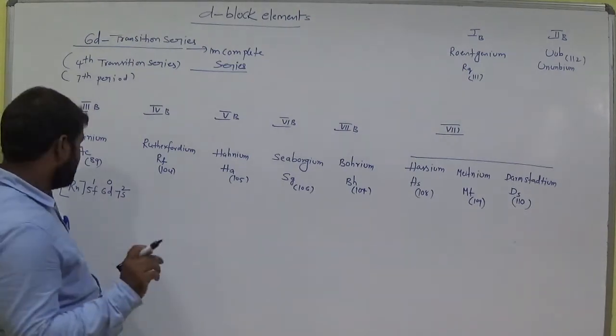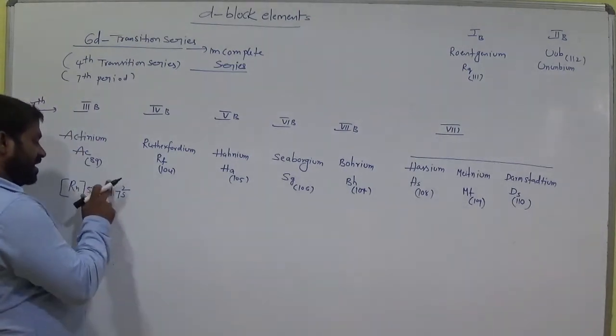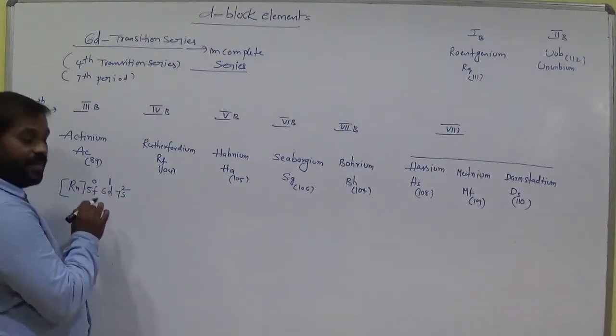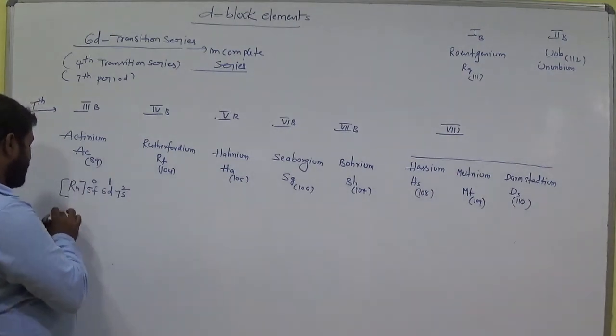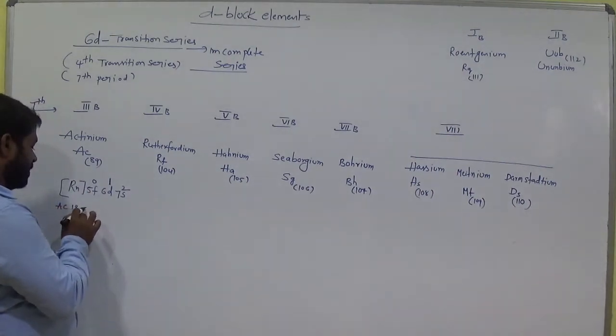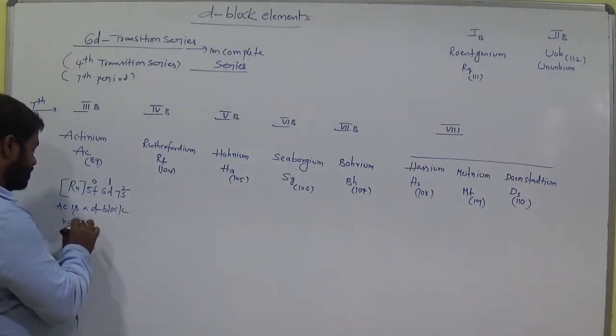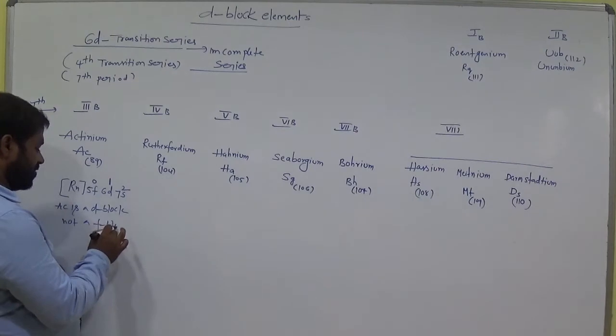But this electron enters into 6d1, remember this. So the last electron enters into the d orbital. So actinium is a d block, not an f block element.